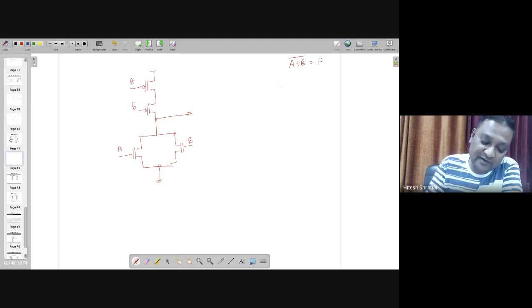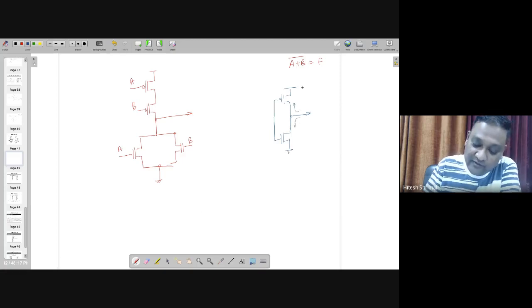So the principle the inverter says is that the pull-up network and pull-down network are going to have equal resistances. If I'm looking at this side and at this side, both will have equal resistances and equal capacitances, so that the rise time, fall time, and the switching threshold will be the same, and the switching threshold is going to be equal to VDD by 2.